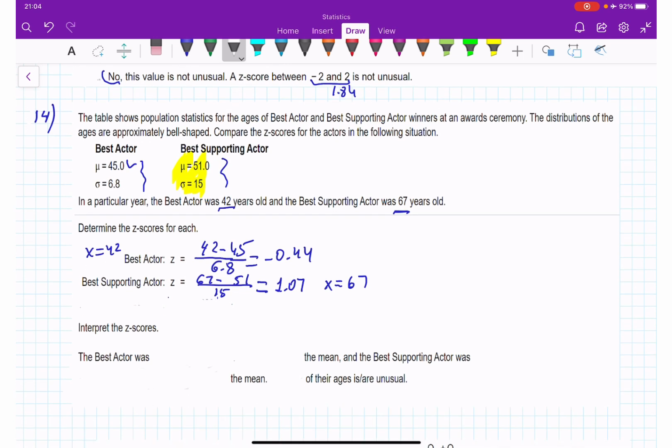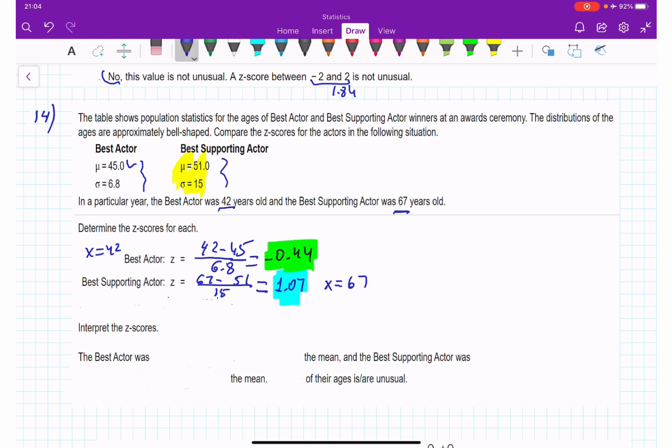So let's do the interpretation of the z-score. What do these numbers, negative 0.44 and positive 1.07, tell us?